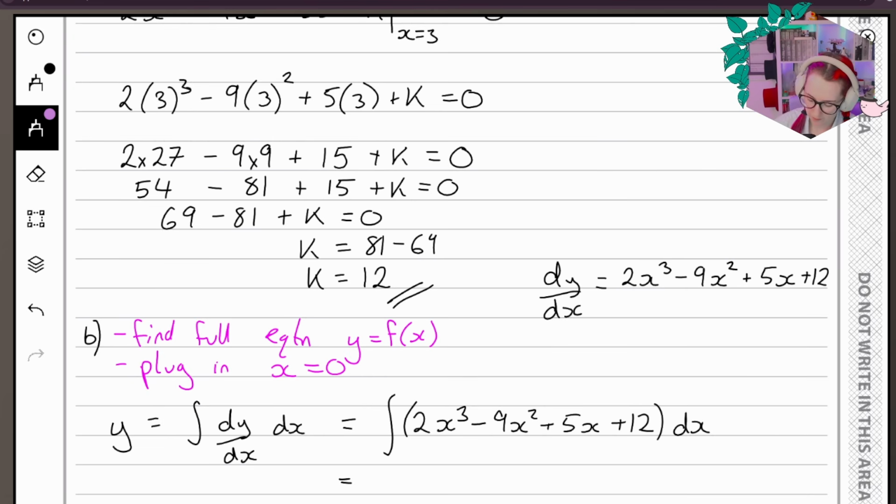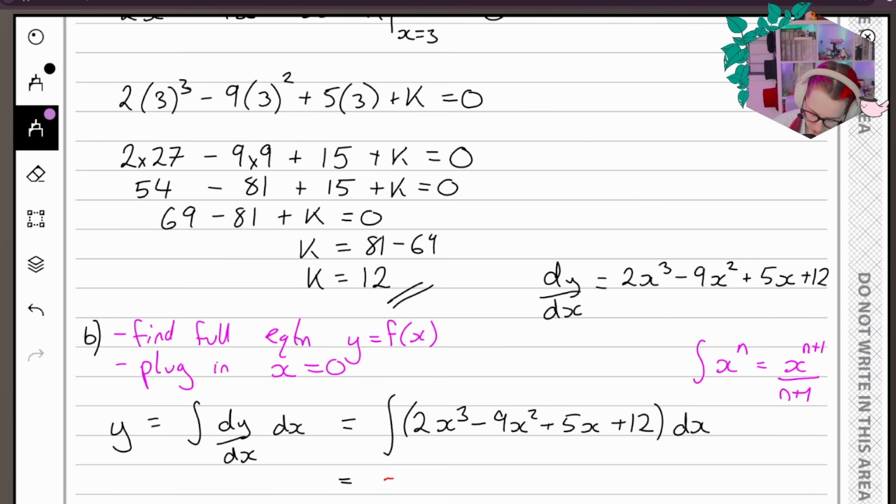To integrate, the integral of x to the n is x to the n plus 1 divided by n plus 1. So the order that you do them in is different as well.